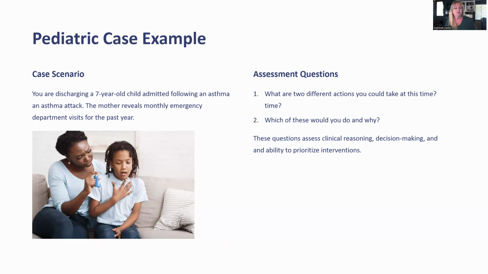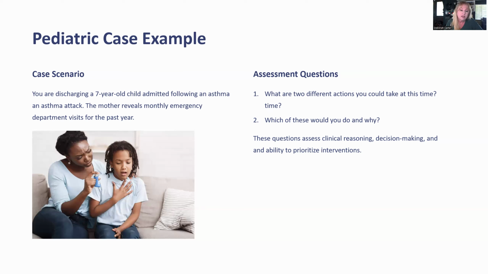So this pediatric case focuses on discharge planning with case management. The frequent emergency room visits suggest that the asthma is not controlled. They don't have good management. So where are you going to go with that from your discharge planning?